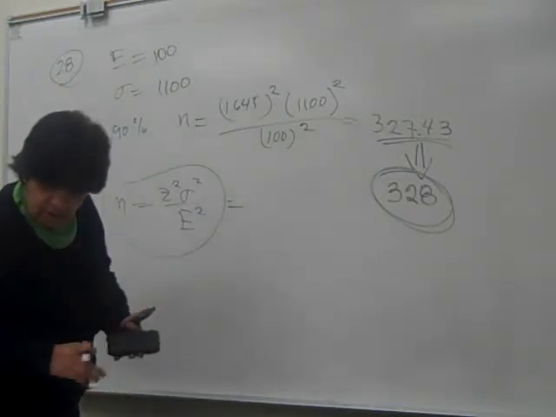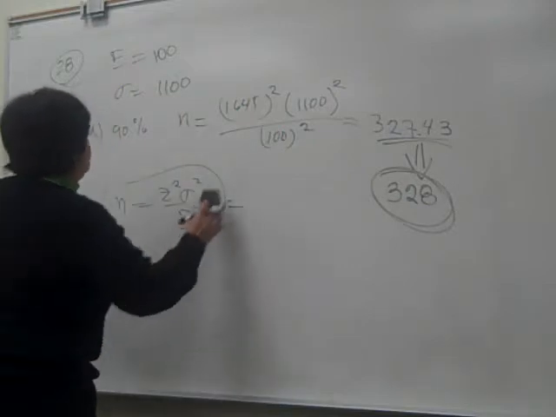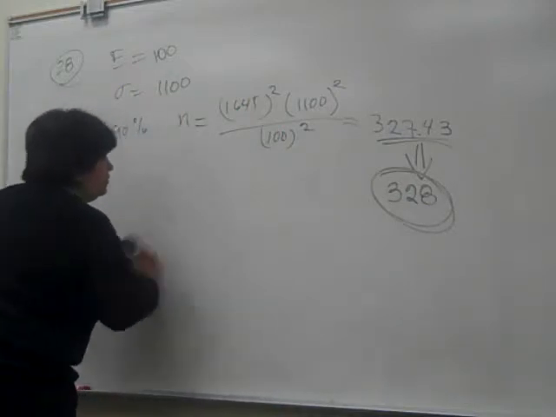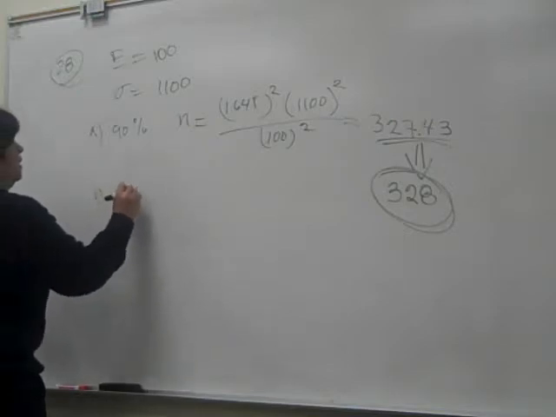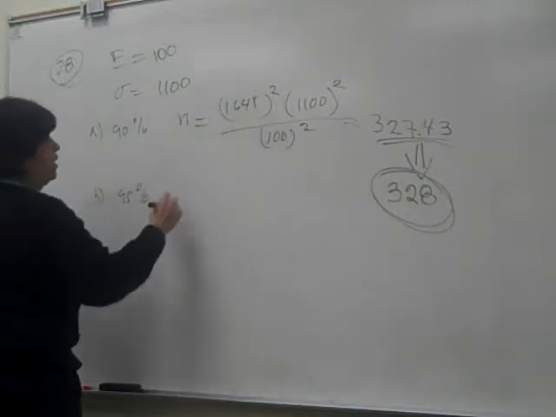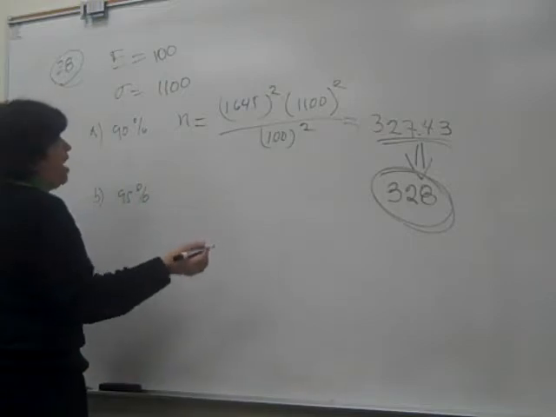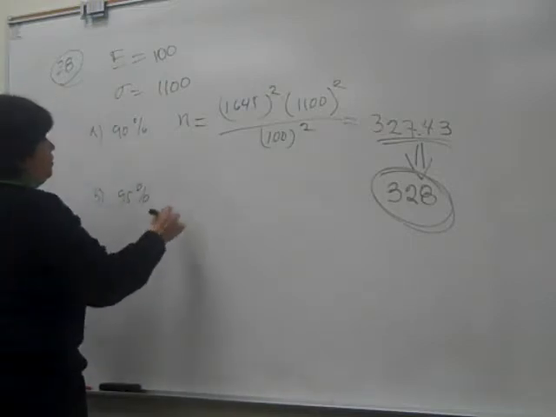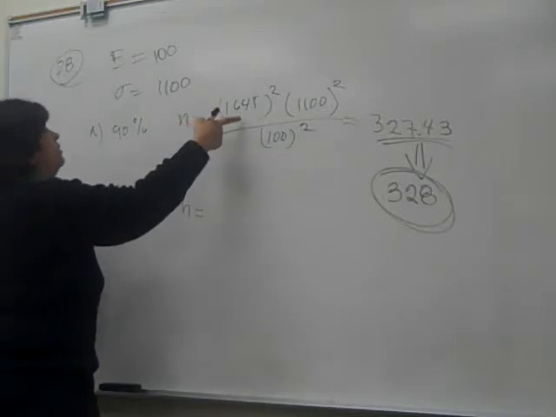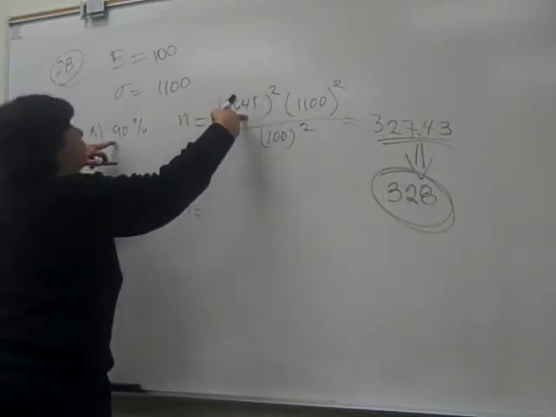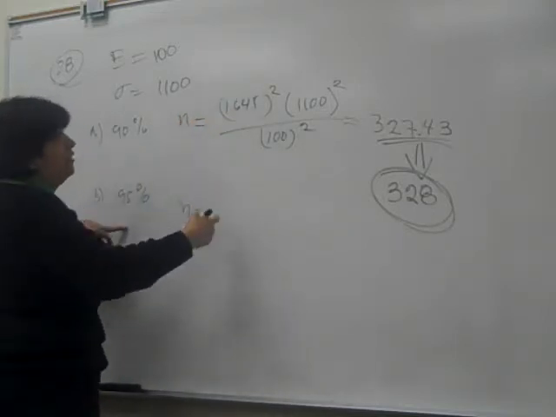They want to know now the 95% confidence level. So instead of using 1.645, since the formula is the same, but instead of z of alpha divided by 2, z of 0.05, I'm going to use z of 0.025.